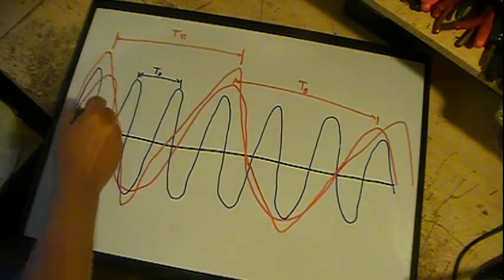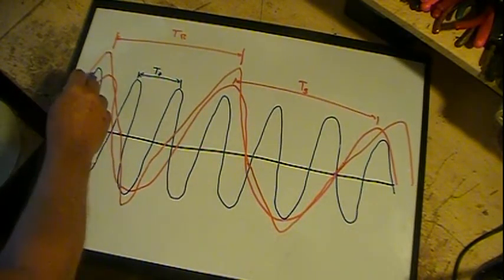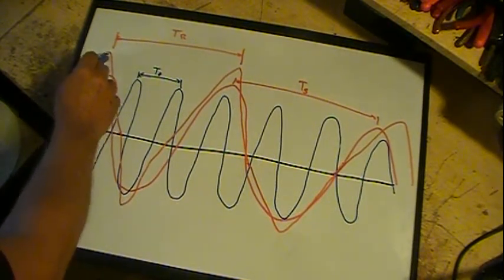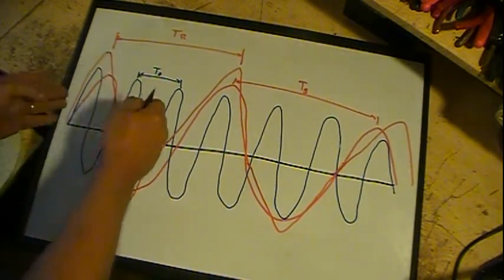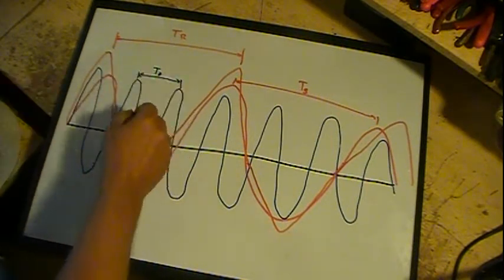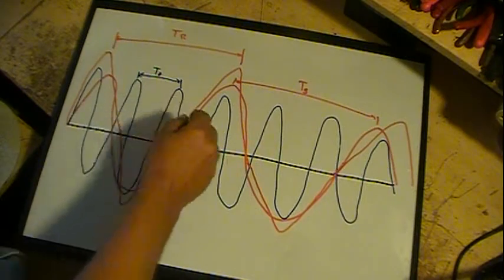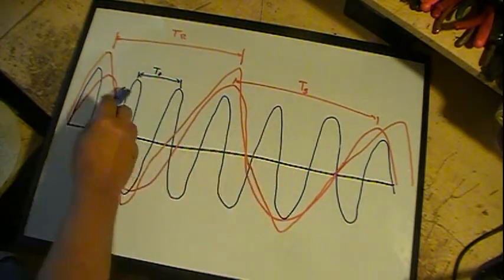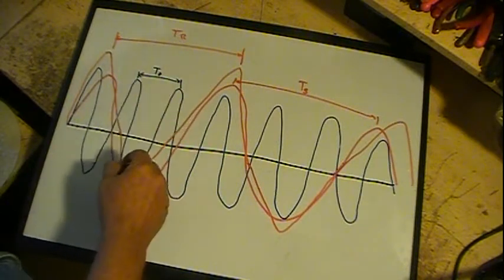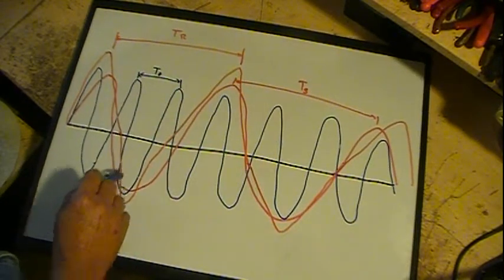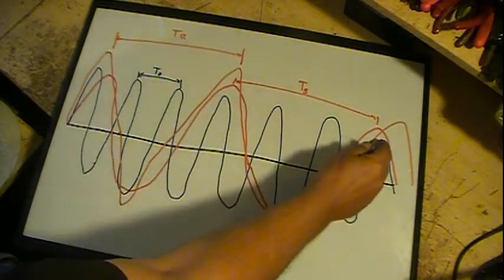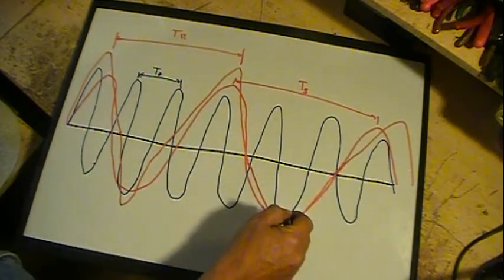When they're opposite, they subtract. When they're on the same side, or pretty much in phase or close to in phase, they add. Since they're two different frequencies, at certain times they're adding and at other times they're subtracting. As you can see here, these are a lot closer together, so at certain points, like right here we're adding, here we're adding, here we're adding, here we're adding, here we're adding.